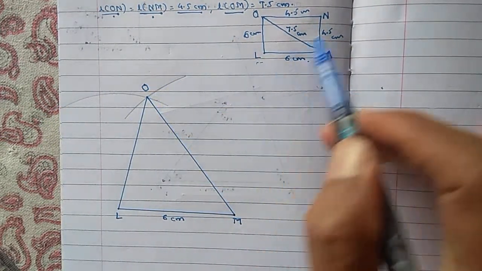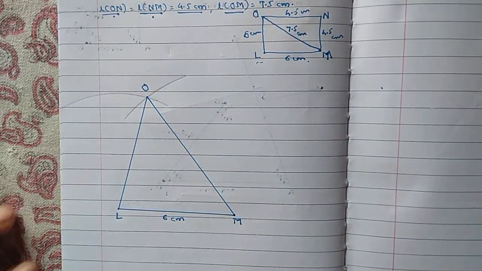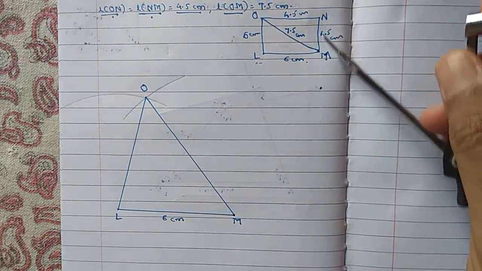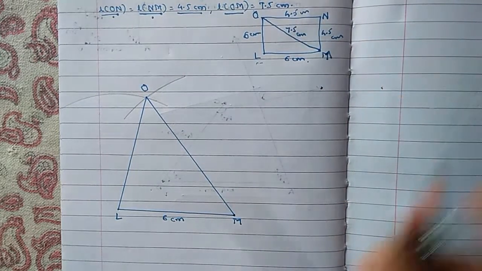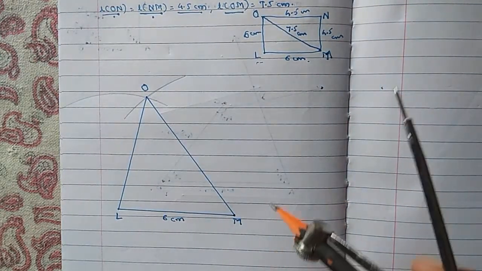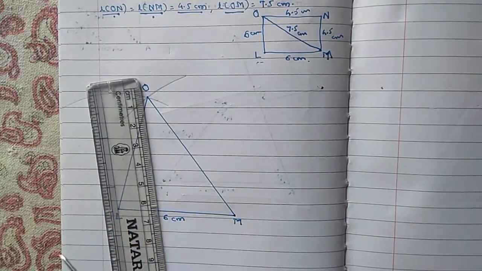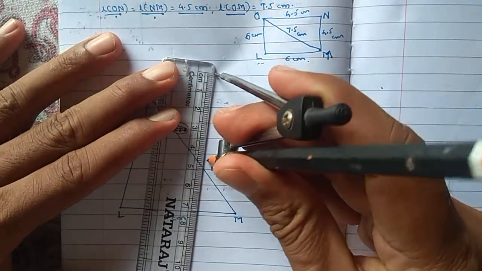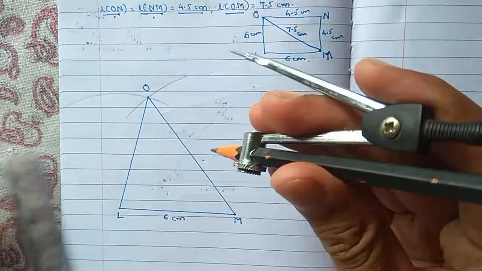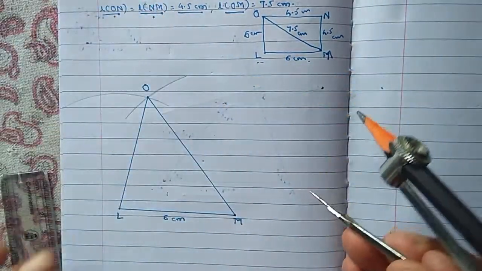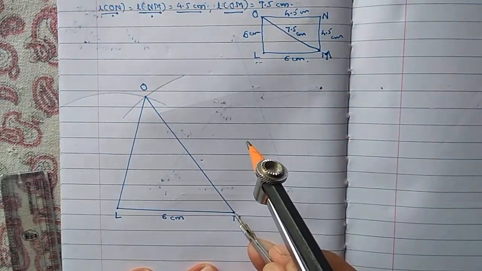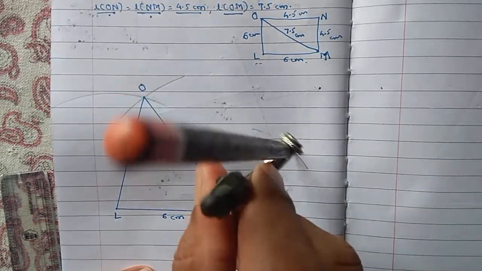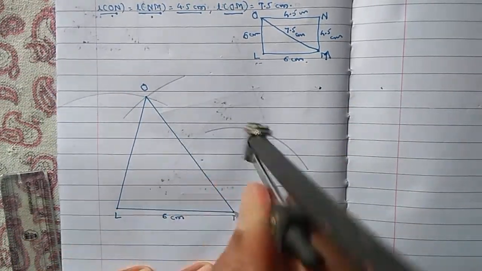Okay, let us move to the second triangle. What is the length of this side? 4.5 centimeter and this also 4.5 centimeter. So first we will take 4.5 centimeter distance in the compass. 4.5 centimeter distance is taken in the compass. From the point M we are supposed to take 4.5 centimeter distance. Okay.